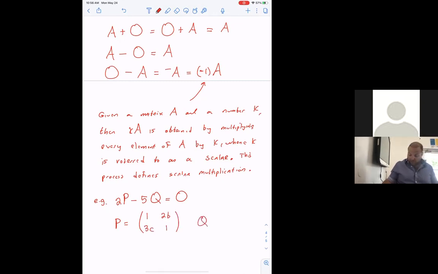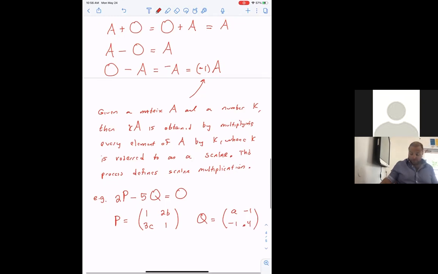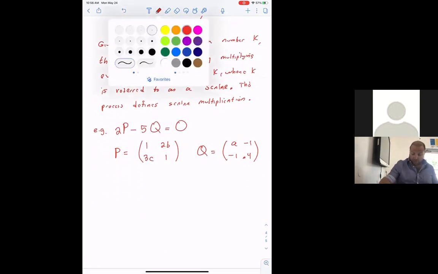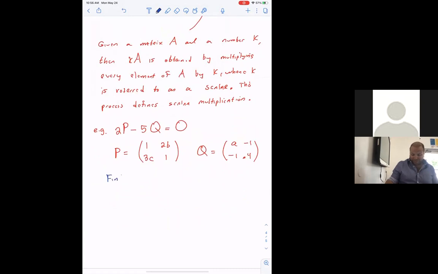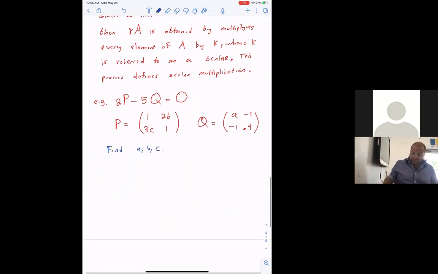And the matrix Q is equal to lowercase a, -1, -1, and 0.4. And then the question says, find a and b. Well, I'm going to go one step further and find a, b, and c. I'm going to assume that's another mistake, because there are 3 letters. Let's find them all.